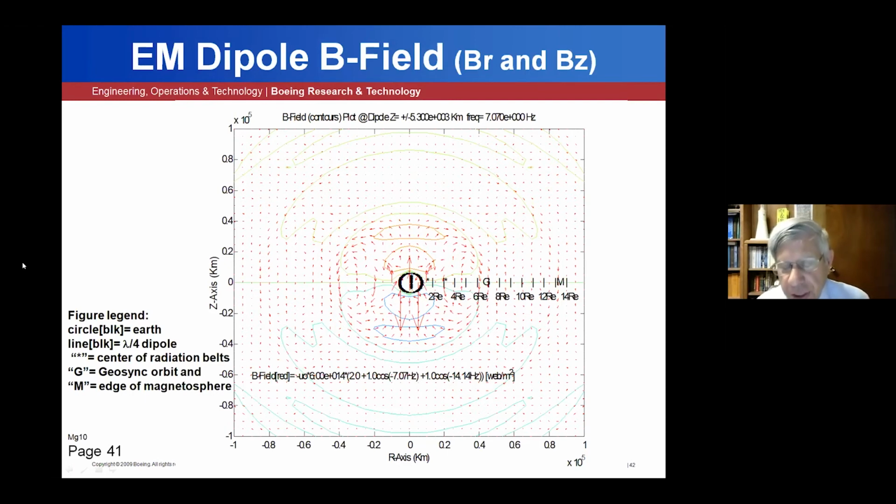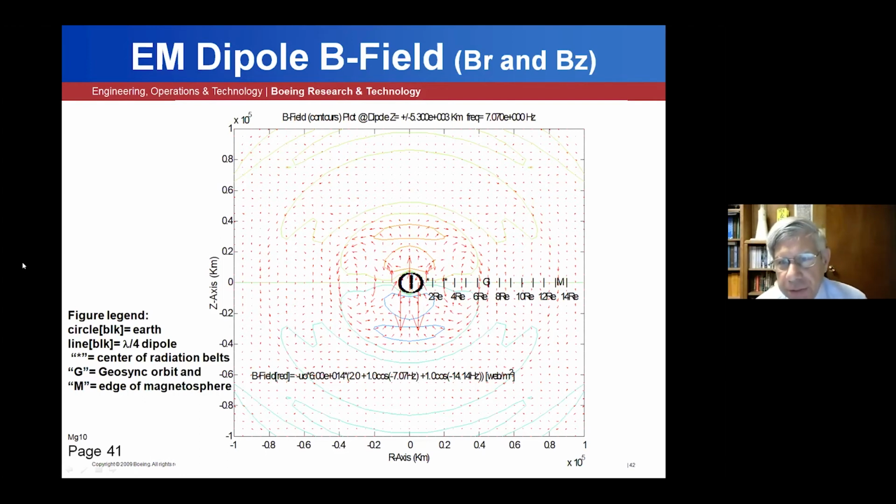The second dot or star there is the center of the outer belt. G stands for the geosynchronous orbit, and M is for the magnetosphere. And you can see the AC terms there. You got the spinning vectors and you got your potentials. So they're grouped together.